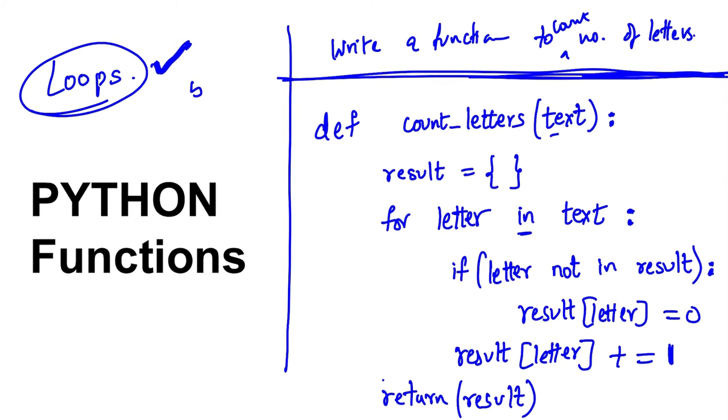There are 5 letters to be precise, but if you look at this carefully, the first letter is L, the second letter is O, the third letter is also O. We are only counting it once, and then the fourth one is P, and then S. So 1, 2, 3 and 4, a total of 4 letters are used.